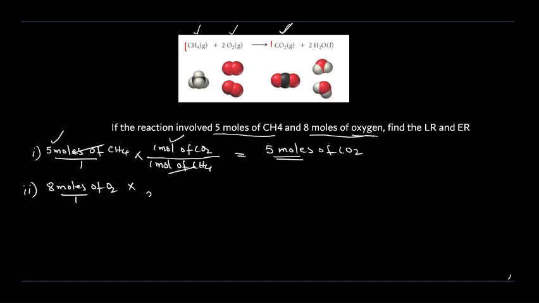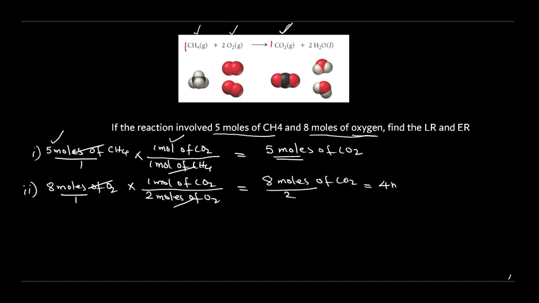From the balanced chemical equation, 2 moles of oxygen corresponds to 1 mole of carbon dioxide. So moles of oxygen cancel. 8 times 1 mole of carbon dioxide is 8 moles of carbon dioxide, and in the denominator I have 2. So that equals 4 moles of carbon dioxide.